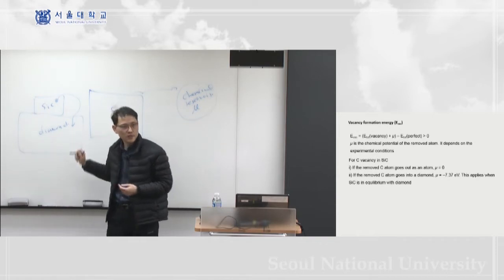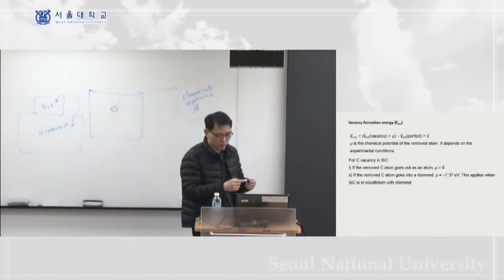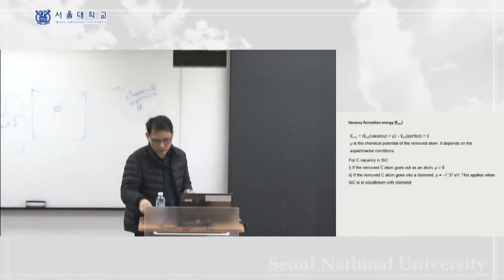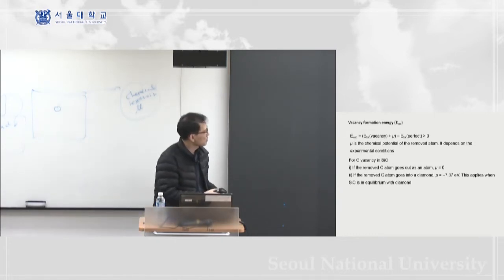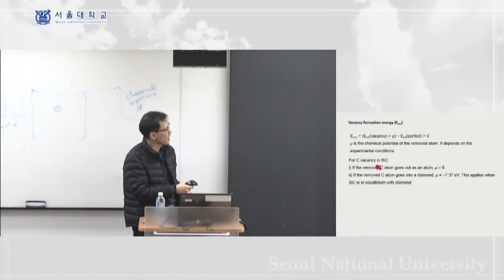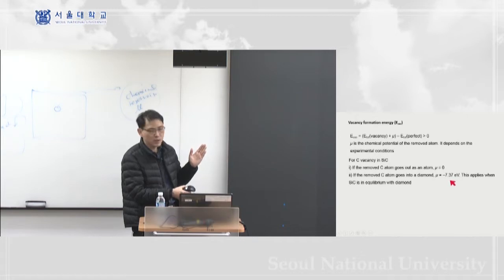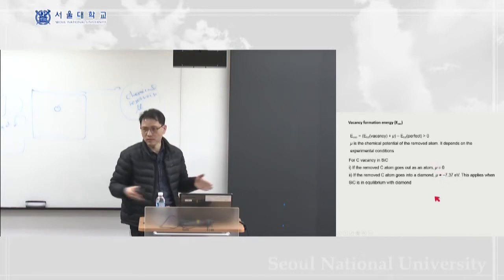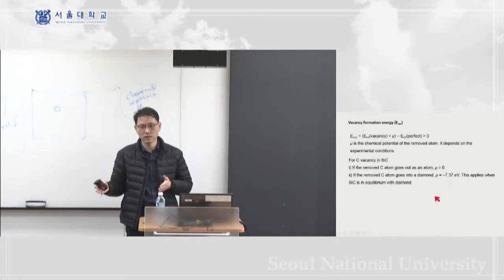All right. In this case, the mu should be equal to the Gibbs free energy of the diamond, or in our case, since we are talking about 0 temperature, this is simply the cohesive energy or formation enthalpy of the diamond, which is 7.37 electron volt. All right. So depending on your condition, the mu can vary by a large amount, right?